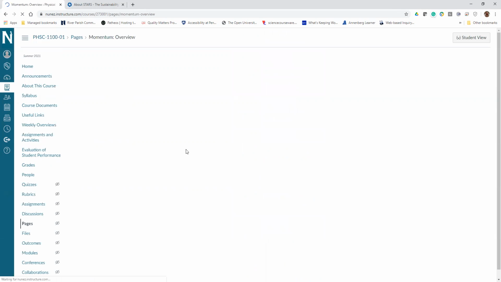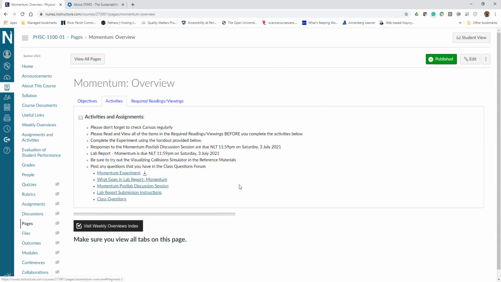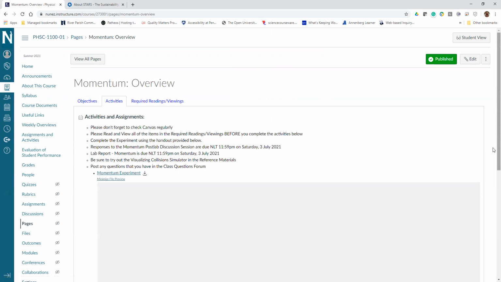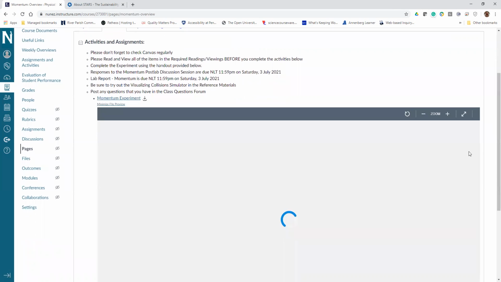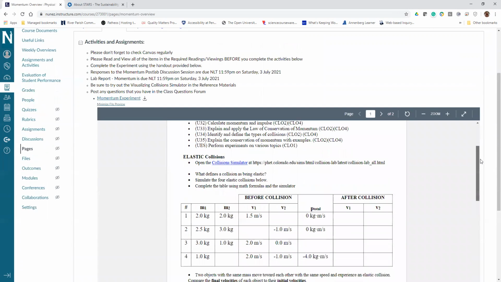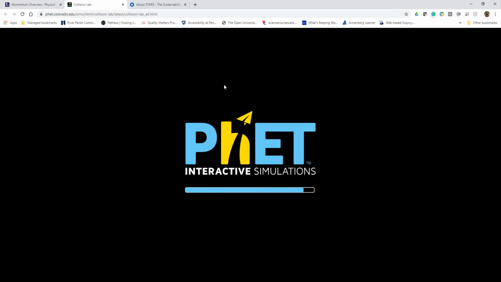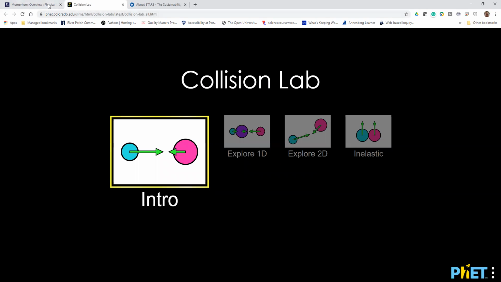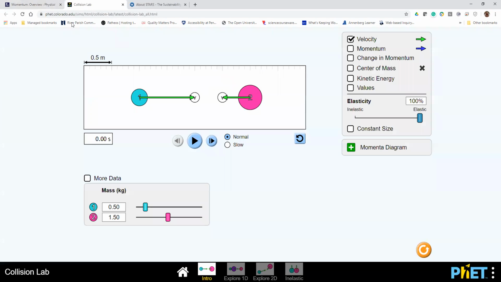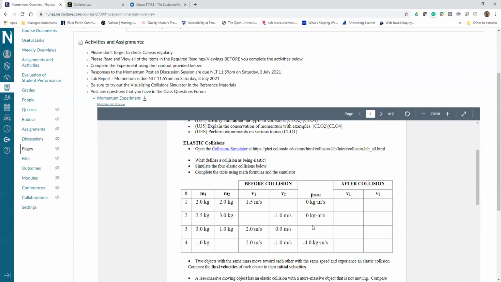The momentum experiment is pretty straightforward. You got the experiment handout. You go out to the website, open up the simulator, and then you're going to use that simulator to fill in the table and answer any questions that they ask you.